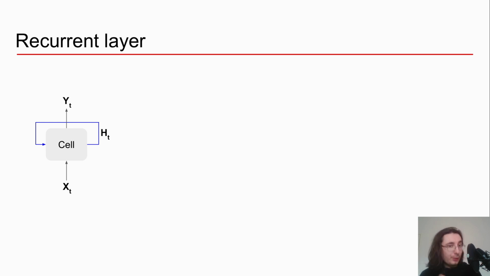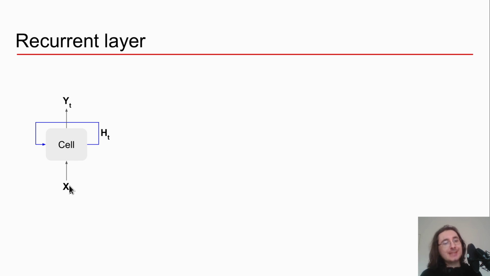For example, with a simple RNN, which is what we are analyzing in this video, we're going to look at a very simple dense layer with a hyperbolic tangent as the activation function. But then we can also have other types of cells like an LSTM, long short-term memory cell, or a gated recurrent unit. We're going to look into these in the next video and understand why they are important. But again, the cell is the one that's responsible for processing this sequential data.